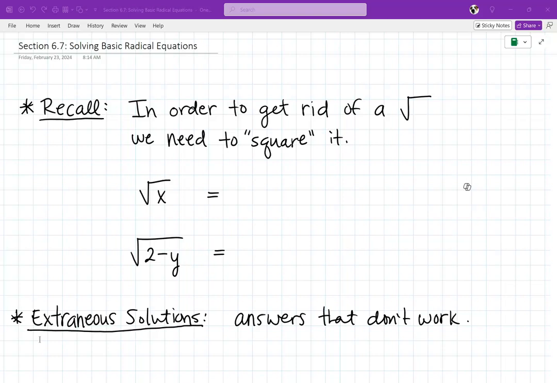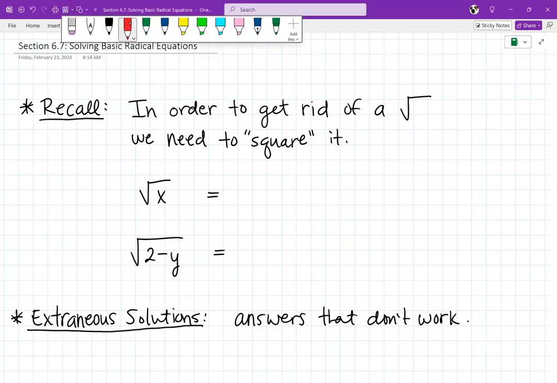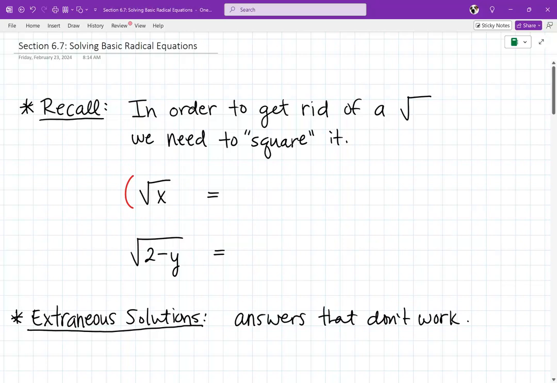Now, I put right there, recall that in order to get rid of a square root, we need to square it, right? We need to raise it to a second power. So if I have the square root of x and I want to remove the square root, then what I'm going to do is square it. When you do that, it gets rid of the square root, and the only thing that's left is the radicand, the thing inside the radical.